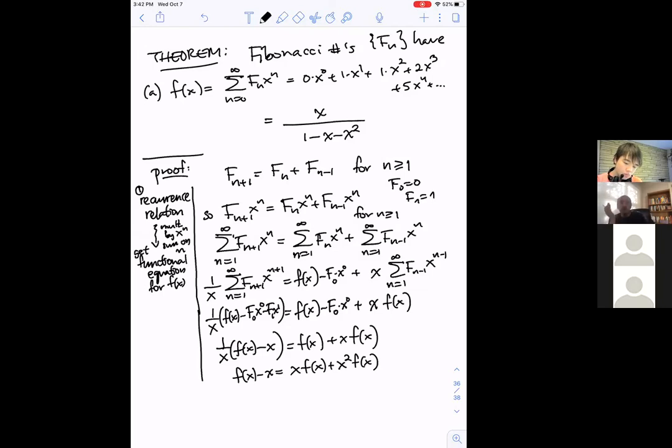And now what am I trying to do? I'm really trying to solve for f of x. So I'm going to bring all the terms that have an f of x over to one side. Which side should I bring them over to? I don't know. Minus x is, let's say, x squared plus x minus 1 times f of x. Is that right? Did I do that right? I'm worried that it looks like I did that wrong.